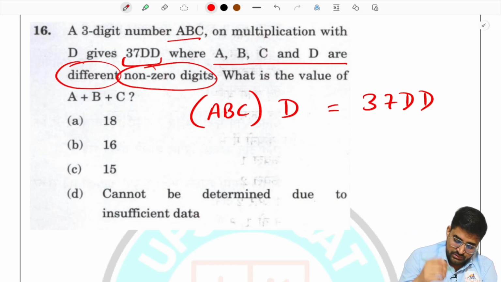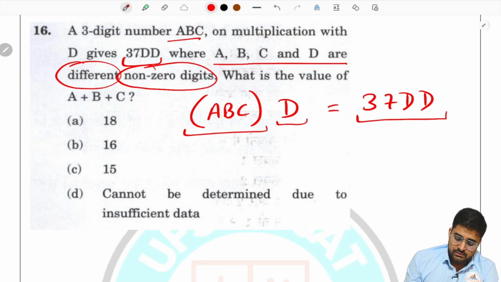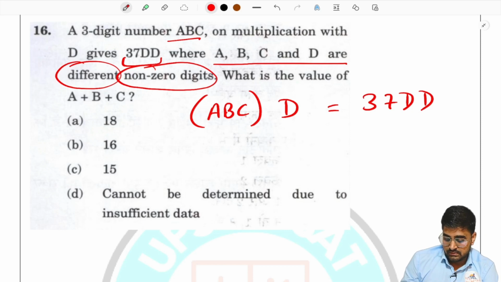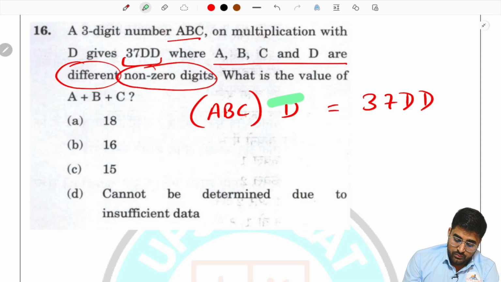So we have a number ABC which is going to be multiplied by D, and that gives you 37DD. At first glance, what I observe is that the dominance of D is prominent on both sides of the question.